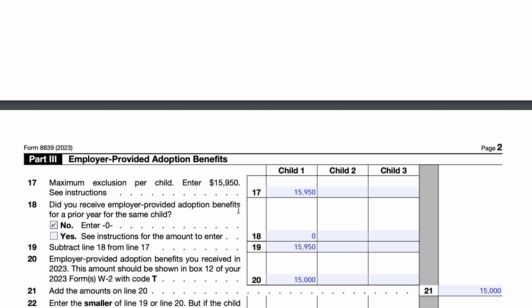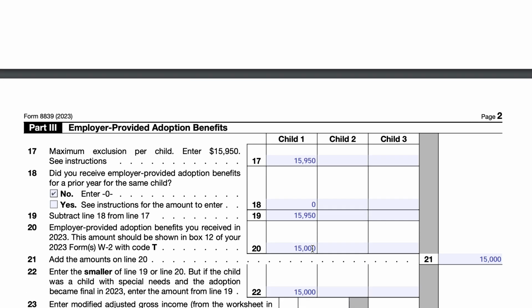And there is a worksheet that we produced a video on that walks you through that calculation. So I'll be sure to put that link in the show notes. So in this case, that is not the situation. We're going to drop down the 15,950 down here.